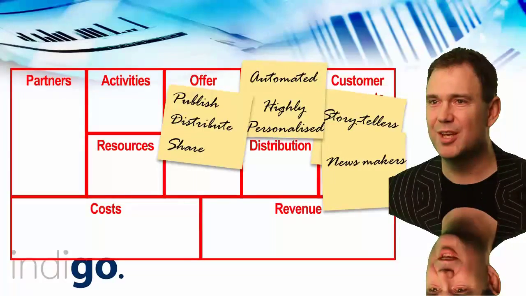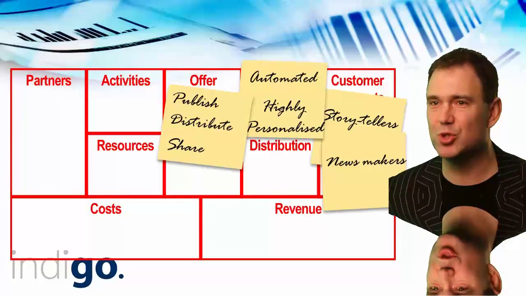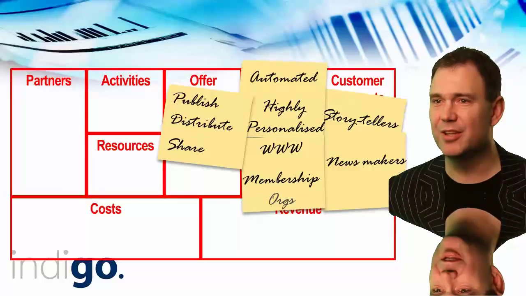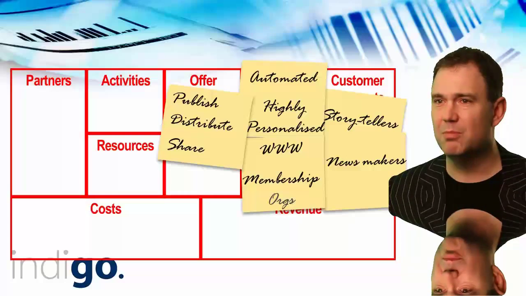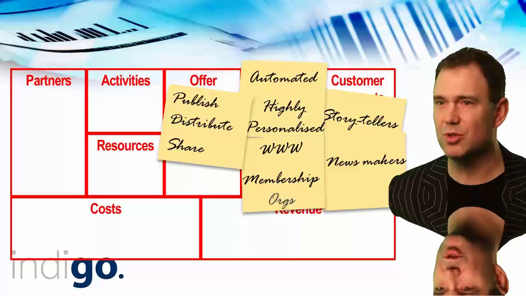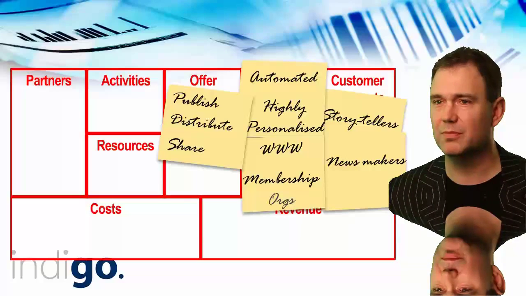For instance, being able to publish your story to a very specified group of storytellers, journalists who are particularly interested in your story. And then there are the distribution channels, mostly the World Wide Web, but also membership organisations and industry associations who distribute the Newsmaker services.